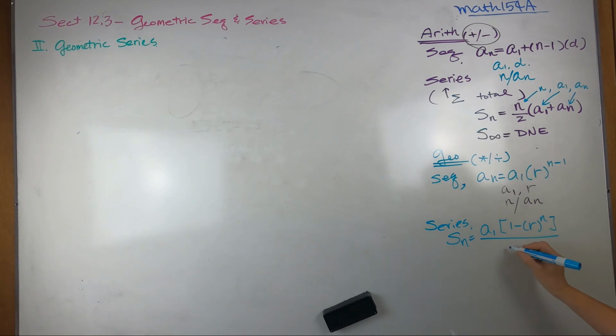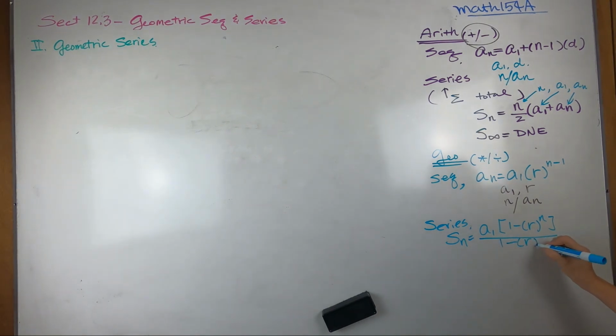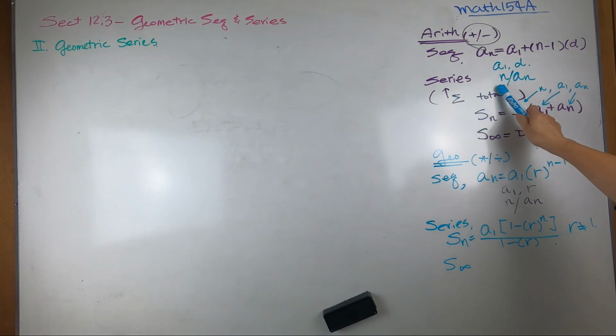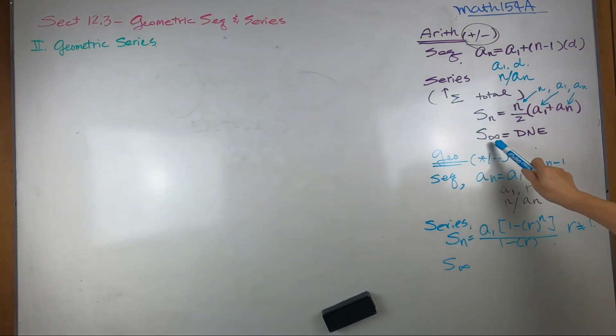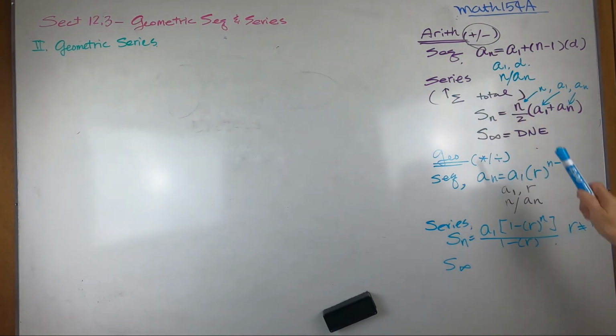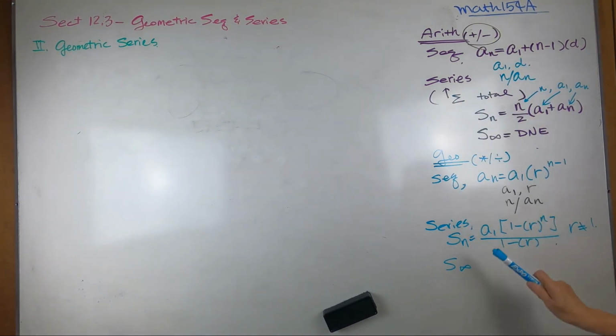Divide by 1 minus r, okay? R is not 1. And then we talk about S infinity later. Like here for arithmetic sequence, for infinite sequences, it doesn't exist. But for geometric, it's a little bit different, okay? Then we'll talk about it later.